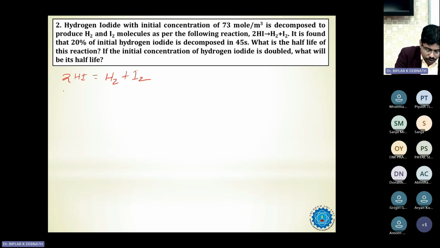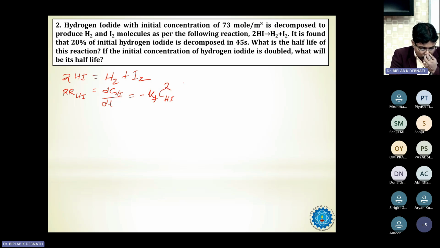So reaction rate of HI is equal to dCHI divided by dt is equal to minus Kf into. Now here you see you have 2 moles of hydrogen iodide, right? So as per law of mass action, concentration of hydrogen iodide should be to the power of 2.